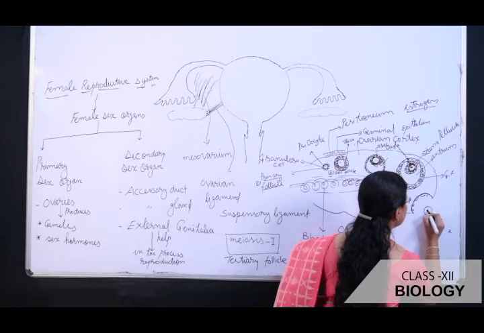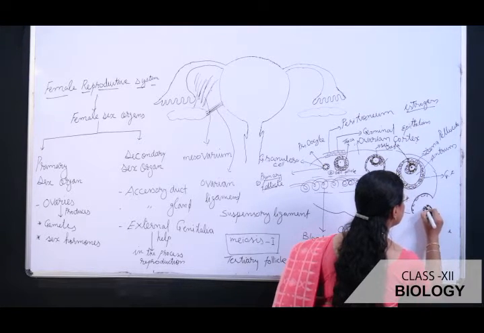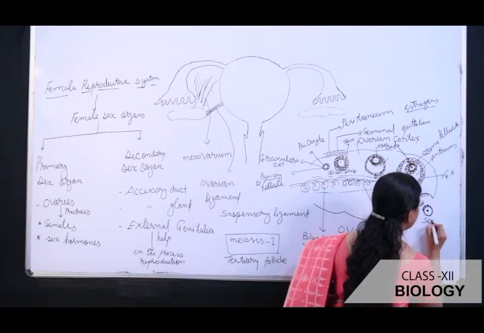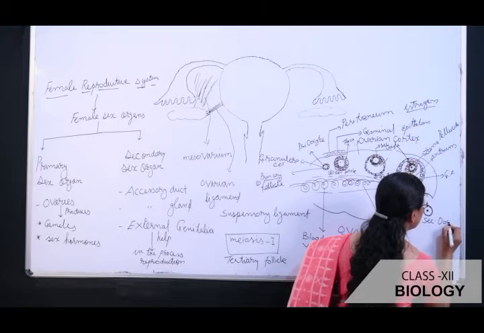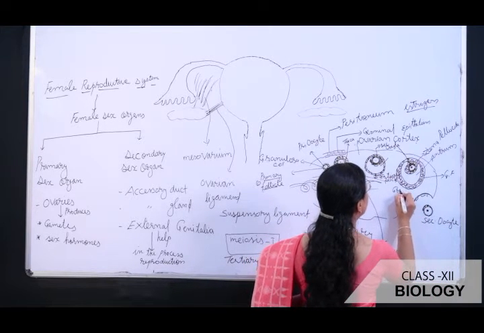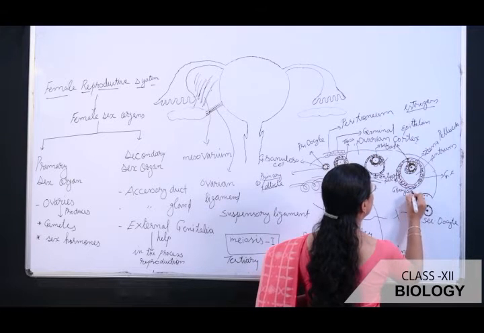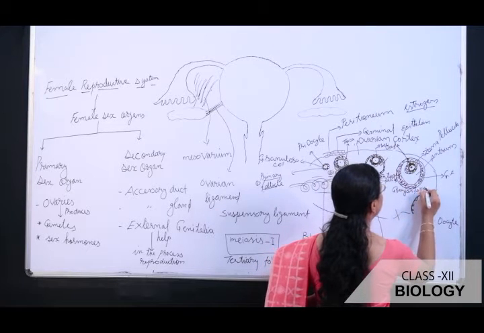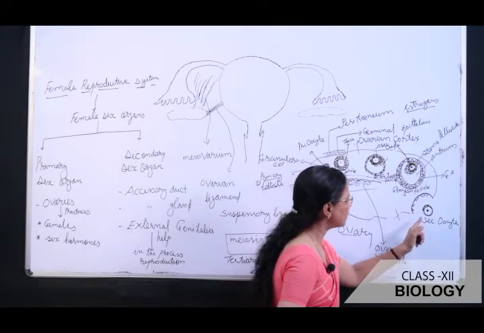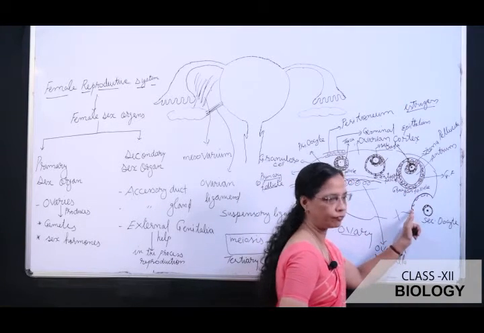This is the secondary oocyte, and this is the zona pellucida membrane which is over the secondary oocyte. So the secondary oocyte is released out of the Graafian follicle. Okay.